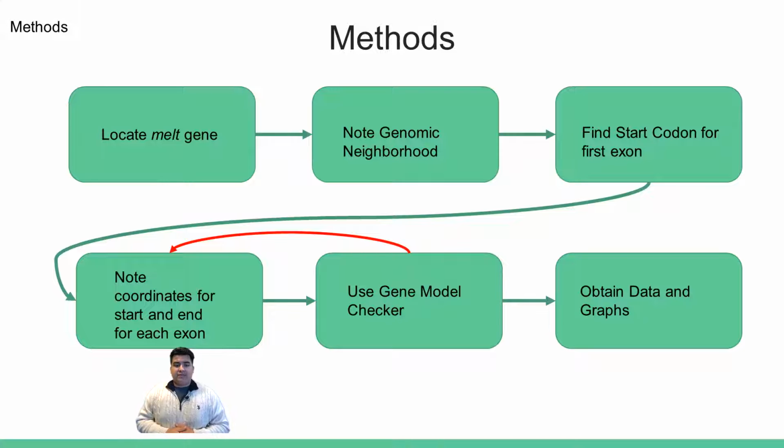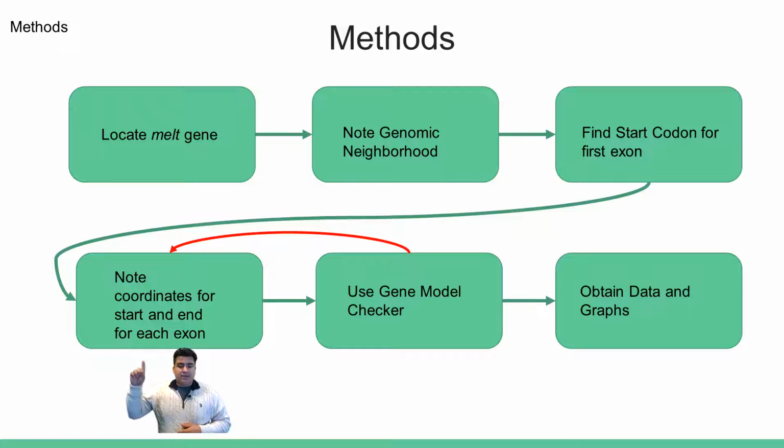Then after we have the general area, we have to note the genes surrounding the gene in question. So for the MELT gene, I have to find what's upstream, what's downstream, and take note of that. Then I have to find where the start codon is, basically where transcription of the gene begins.